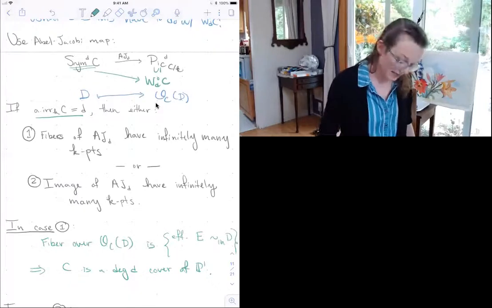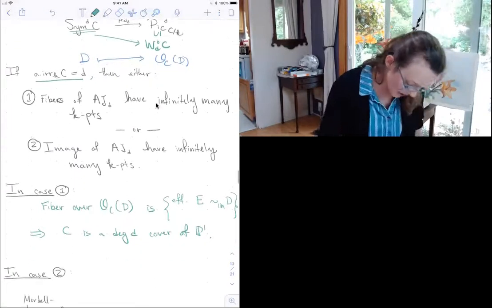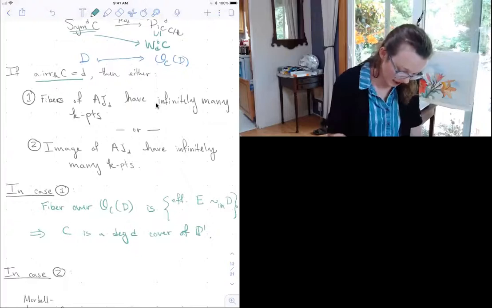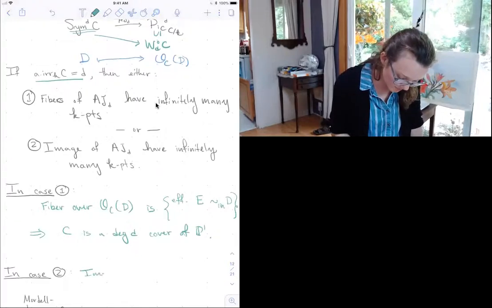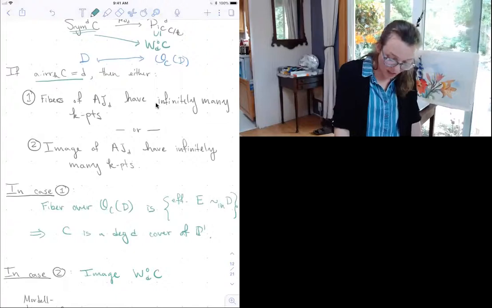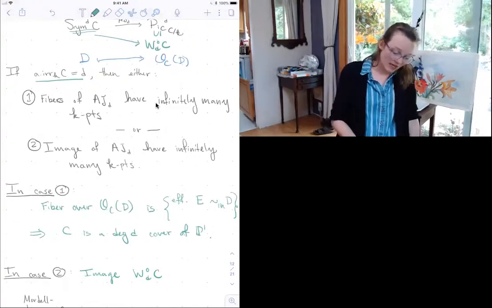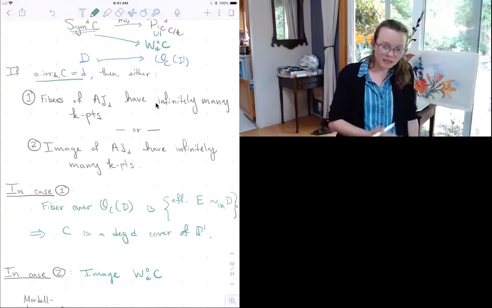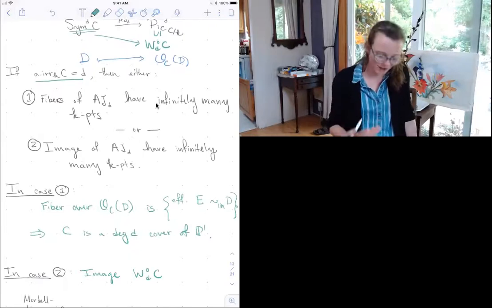Okay, so that was a nice explanation of what happens in case 1. Let's see what happens in case 2. So in case 2, if the image has infinitely many k-points, well, the image, as we've said, is W^0_d of the curve. And if W^0_d of the curve has infinitely many k-points, because it's a subvariety of a torsor under an abelian variety, we actually do have theorems to understand its rational points.